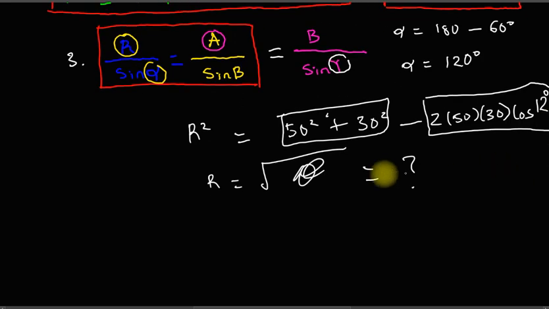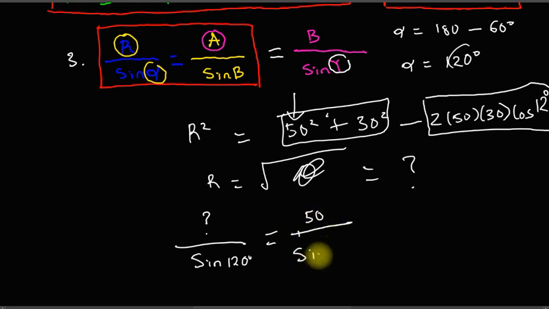And then to find the direction, now that we know the resultant, whatever we got here, we're going to substitute into this equation. The angle alpha, we're going to put it here. So we know the resultant already. R over sine 120 degrees is equal to, what is side A? Side A is 50 Newton, right? So 50 all over sine beta.